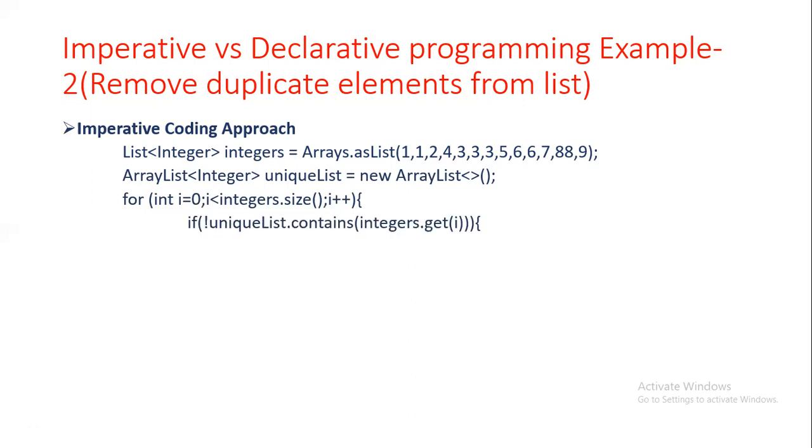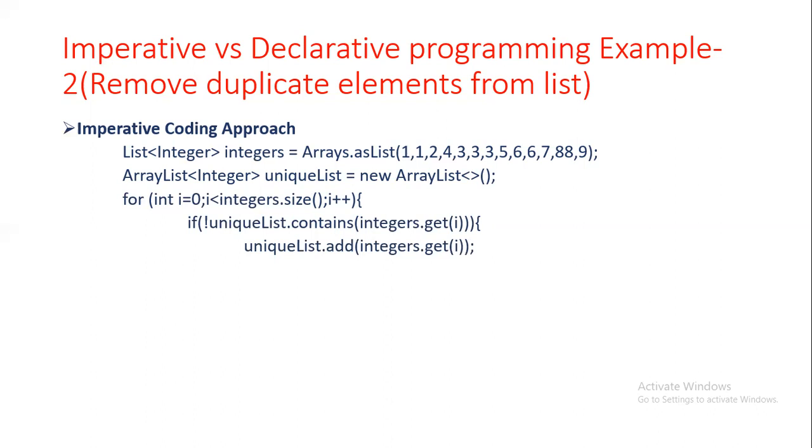I'm checking if uniqueList contains integers.get(i). The contains method gives true if the element is there. For example, iterating the first index, 1, the first time nothing will be there, so it gives false. Whenever it is false, we need to add that element to the unique list.